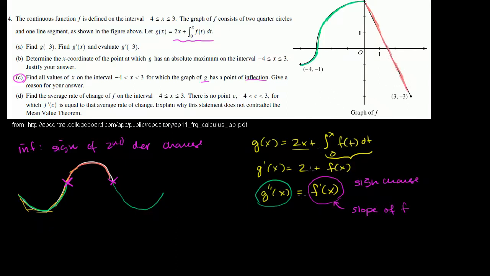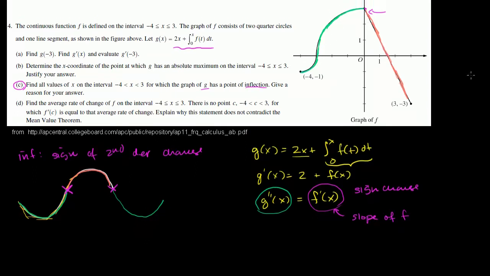This is interesting because even though f is actually not differentiable right over there, and you can see because the slope goes pretty close to 0, and then it just jumps to -3, so you have a discontinuity of the derivative, we do have a sign change. We go from having a positive slope on this part of the curve to having a negative slope over this part of the curve.